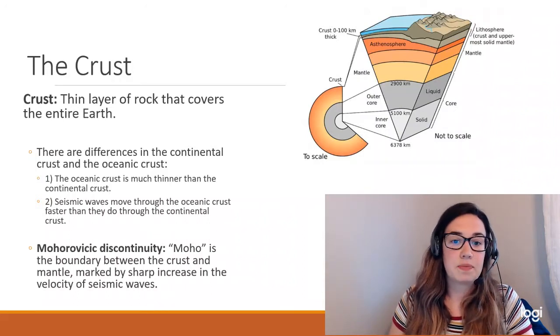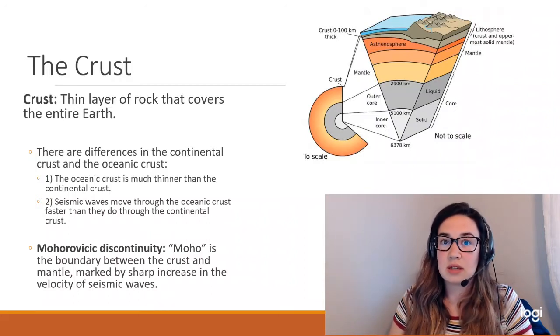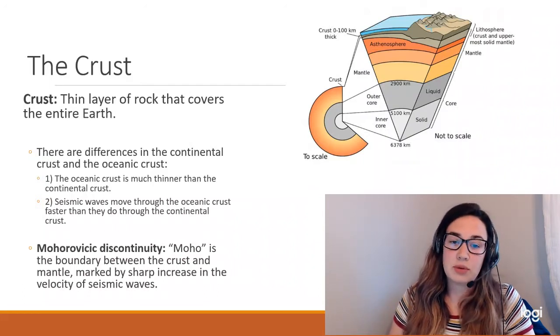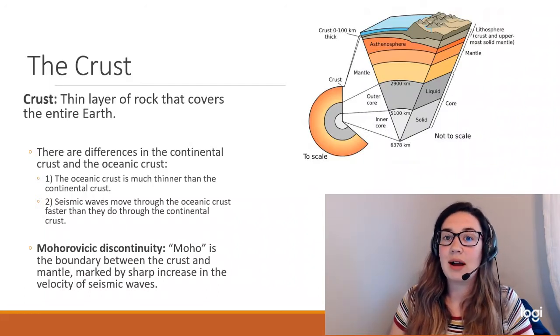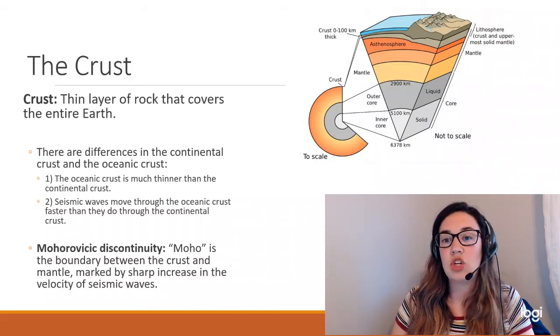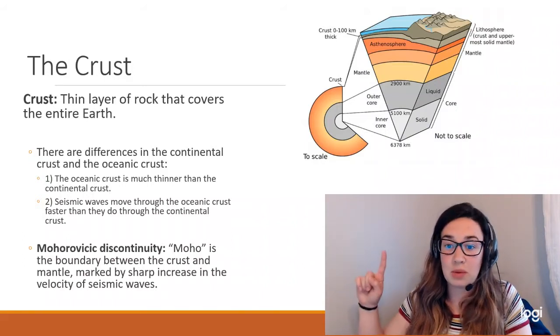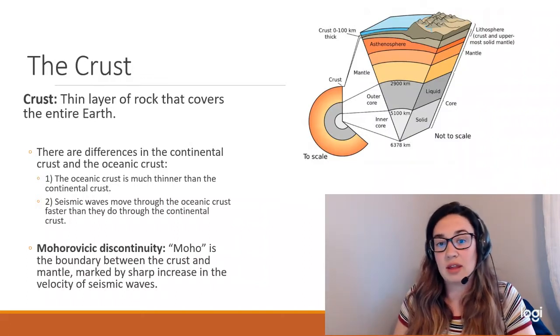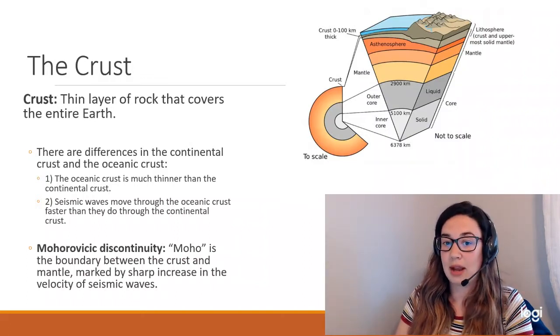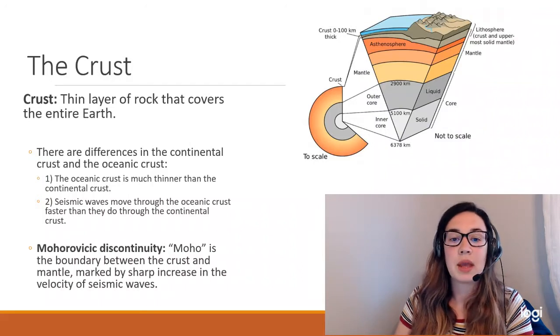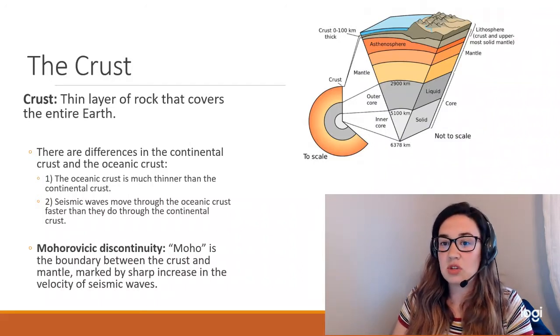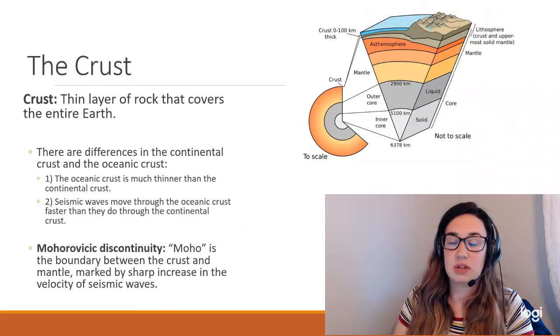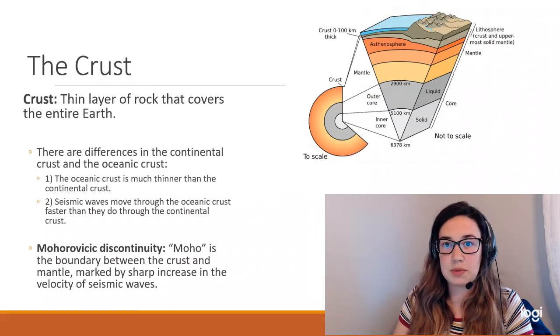And there are differences in different types of crust. We have 2 different types of crust, essentially: the continental crust and the oceanic crust. In this image above me, you can see both parts of the crust, the ocean on the left and the continental crust on the right, or the mountains here. There are differences in both of those types of crust.